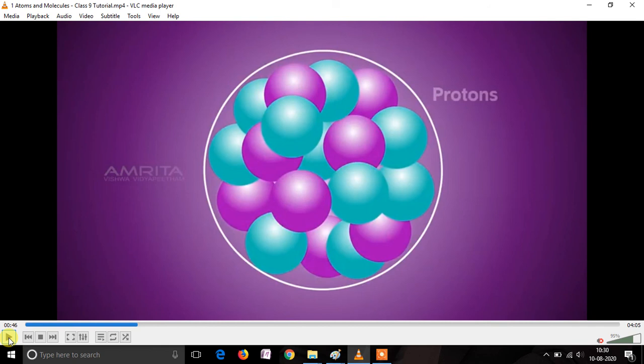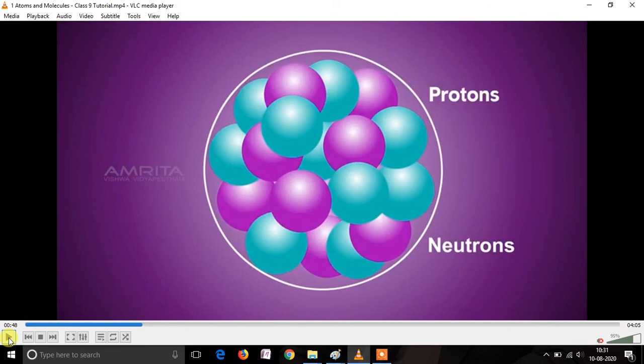You can see some green spherical particles and some pink spherical particles. Actually, these two are protons and neutrons. The green one you can consider as a proton, and the pink one as a neutron.